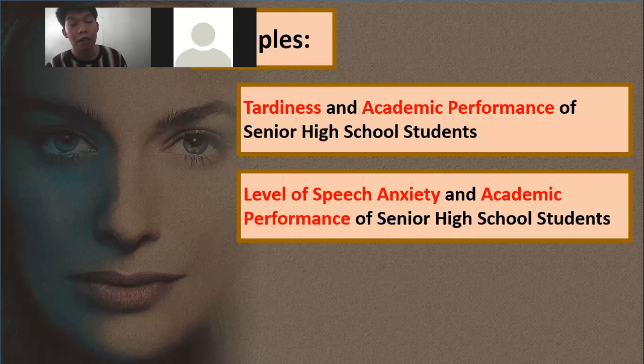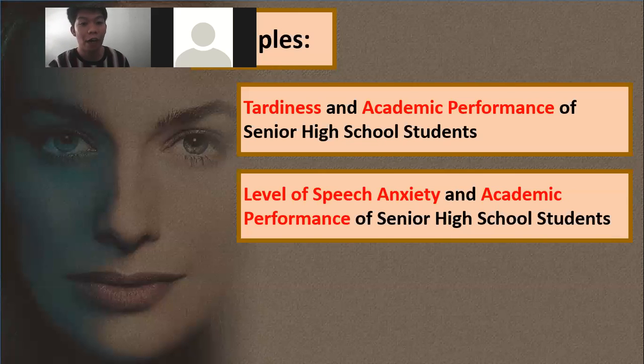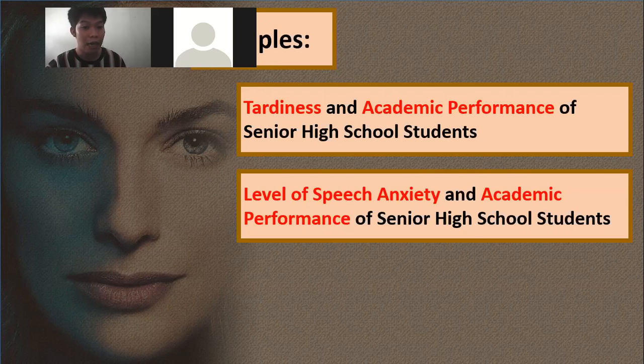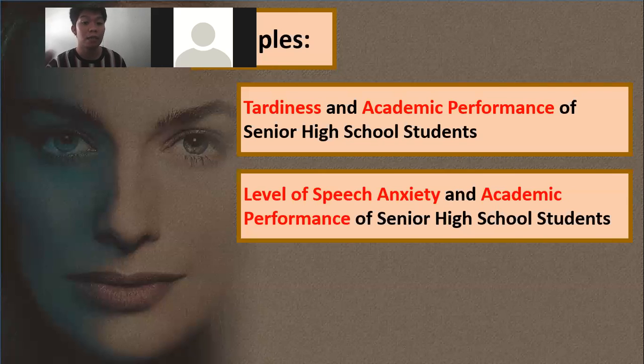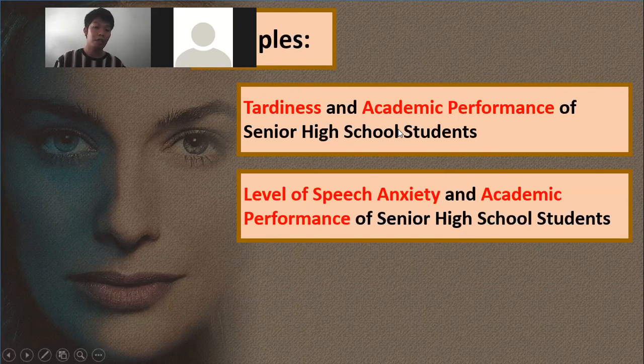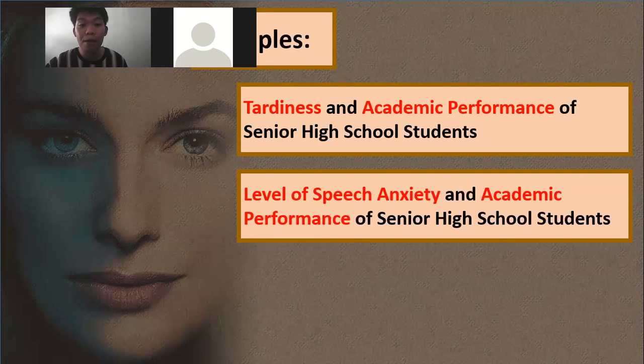In this research, you have two variables, the tardiness and the academic performance, in which case the independent variable in this study is the tardiness and the dependent variable is the academic performance, which means that in this type of research, the researchers will try to determine or examine if tardiness can affect the academic performance of the senior high school students.